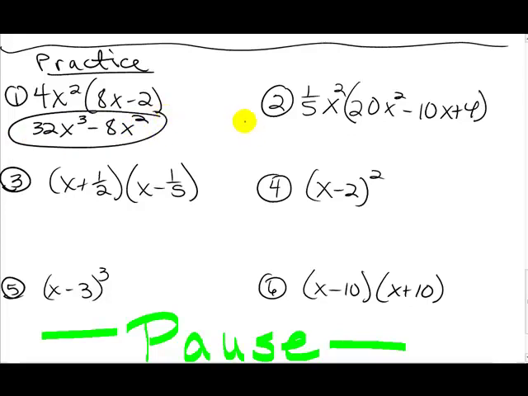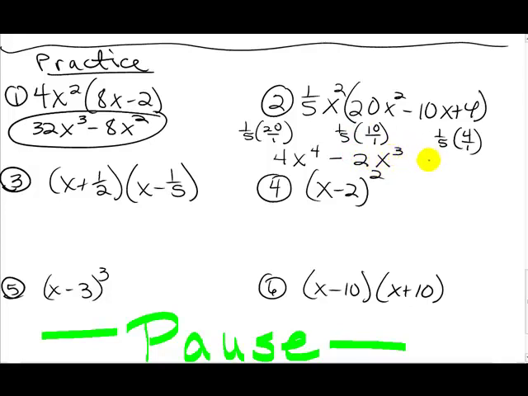Alright, so here I've got 1/5 times 20 over 1, and 1/5 times 10 over 1, and 1/5 times 4 over 1. So that's 4x to the 4th minus 2x cubed plus 4/5 x squared.